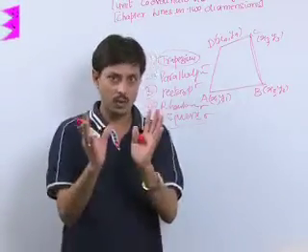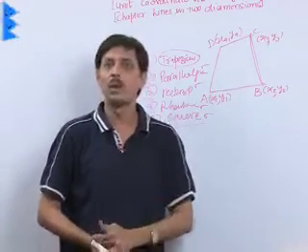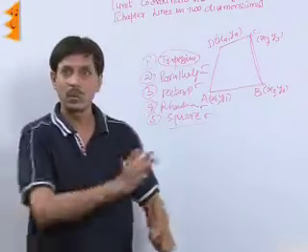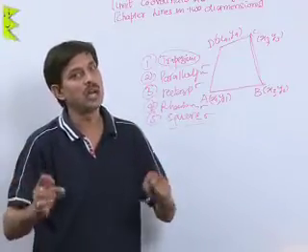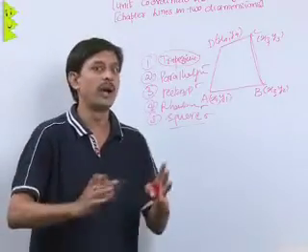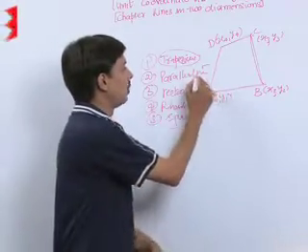Whenever a quadrilateral is given, first calculate all 4 distances and check whether opposite distances are equal or not. If opposite side lengths are equal, it is a parallelogram.